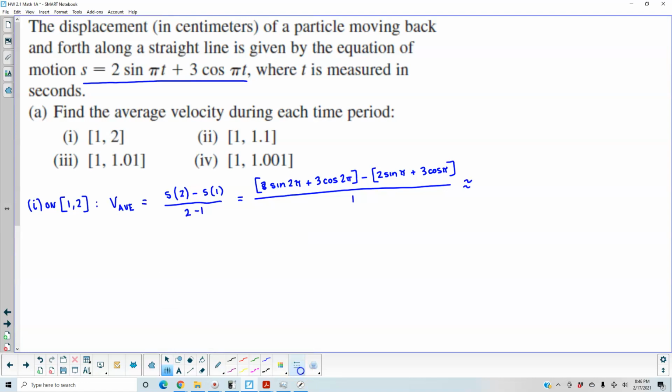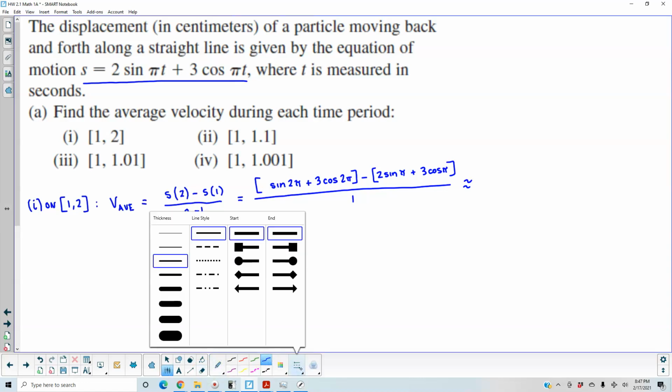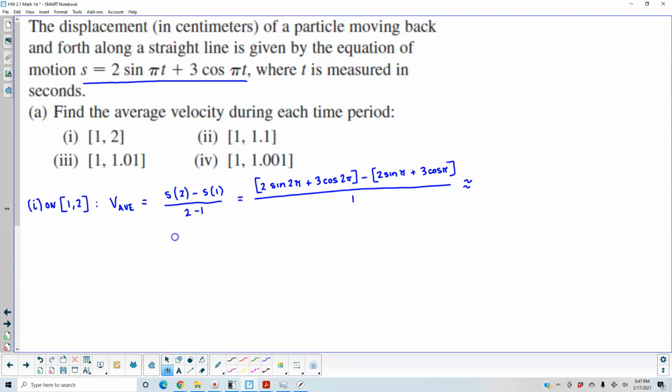So we plugged it into our calculator to find 2 times the sine of 2 pi plus 3 times the cosine of 2 pi is equal to 3, minus 2 times the sine of pi plus 3 times the cosine of pi is going to give us negative 3, and that's over 1, which is going to equal 6 centimeters per second.